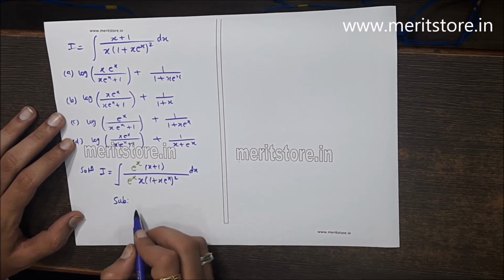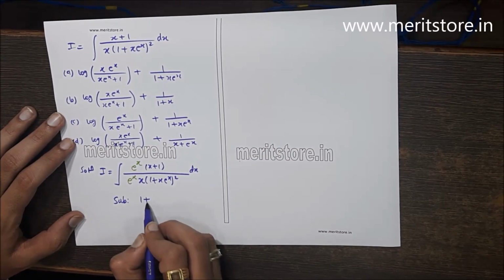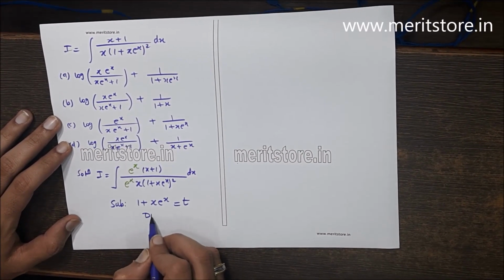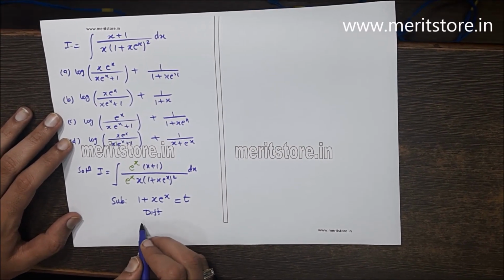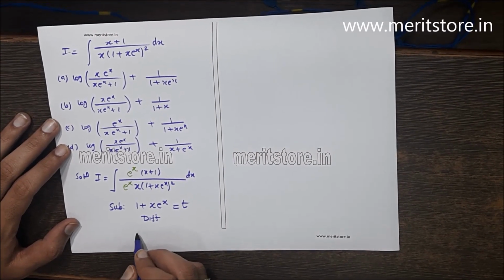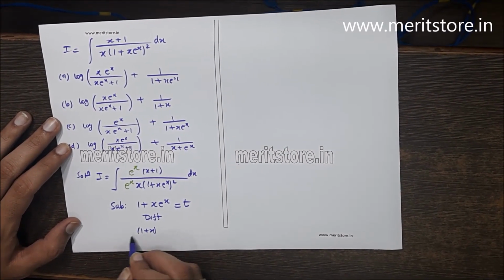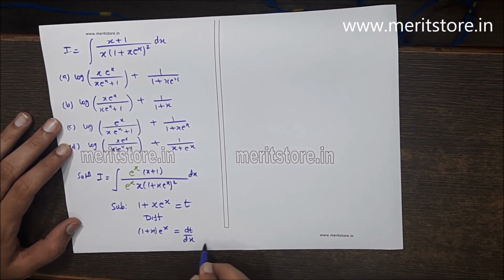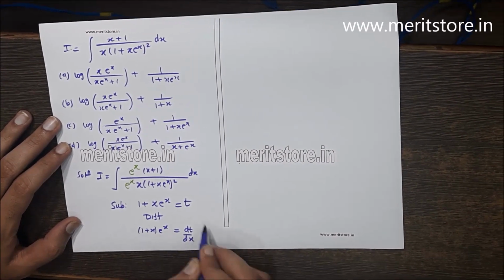We are going to substitute, as I told you, 1 plus x e raised to x equal to t. On differentiation, I'll get 1 plus x into e raised to x equal to dt by dx, which is now forming my numerator.